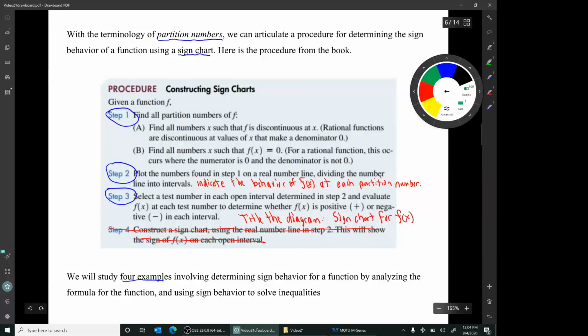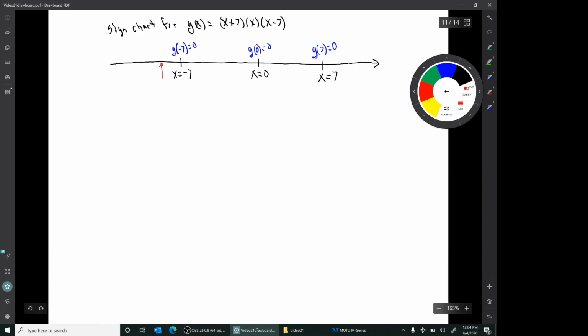Let's go back up and look at step 3. We have plotted the numbers. Now we're supposed to select a test number in each interval and find the sign of the function at that test number. So there are my test numbers. Now let's compute the sign at each test number.